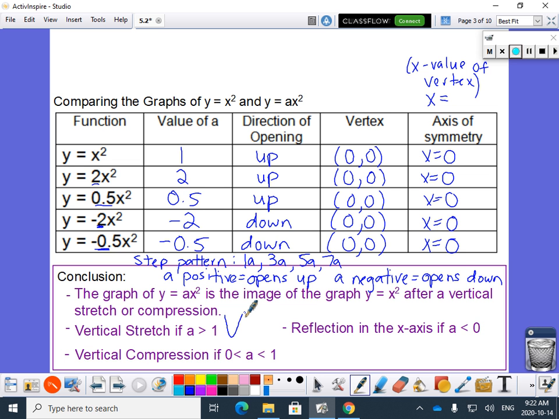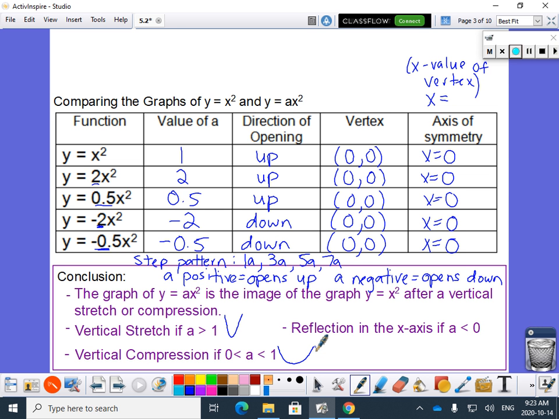Vertical compression is when a is greater than 0 but less than 1. So really that means a fraction. If we had 1 over 2, that's really 0.5, which is greater than 0 but less than 1. That's when we have a vertical compression, and it looks fatter. Do you guys remember that from yesterday?